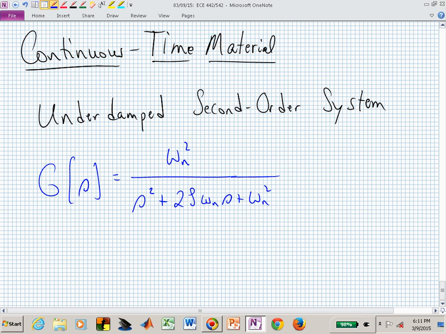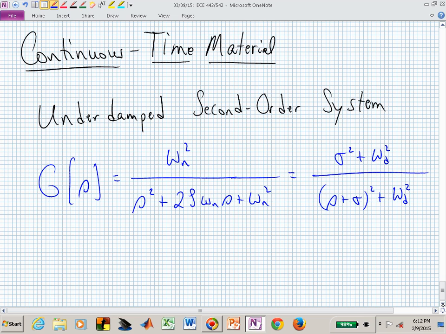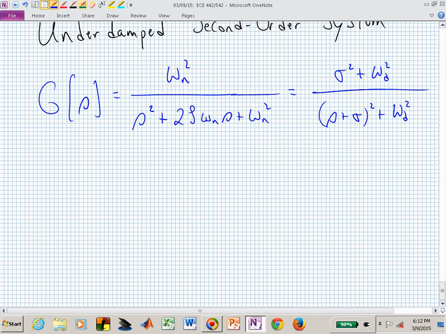We might write it that way, or we might write it as sigma squared plus omega sub d squared all over (S plus sigma) squared plus omega sub d squared, where all of these sigma, omega sub n, zeta, omega sub d are associated with distances or values in the S-plane.